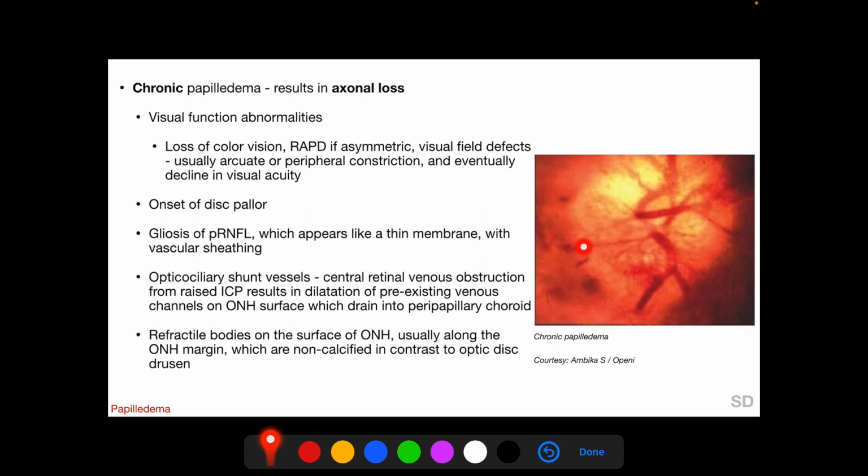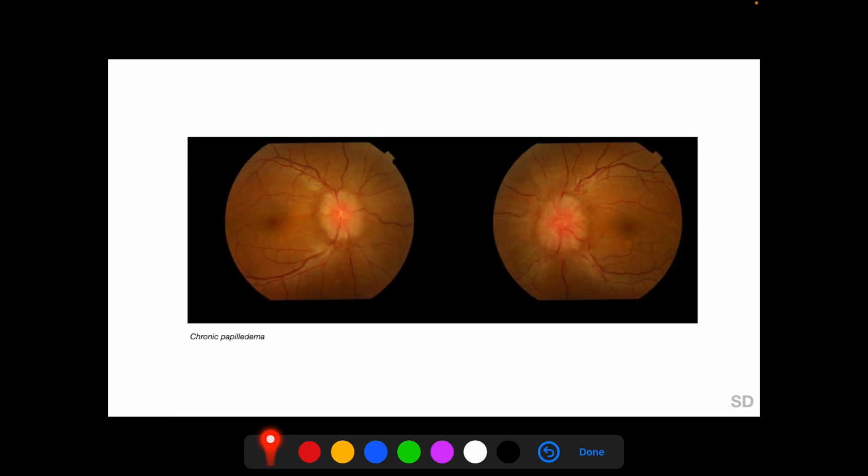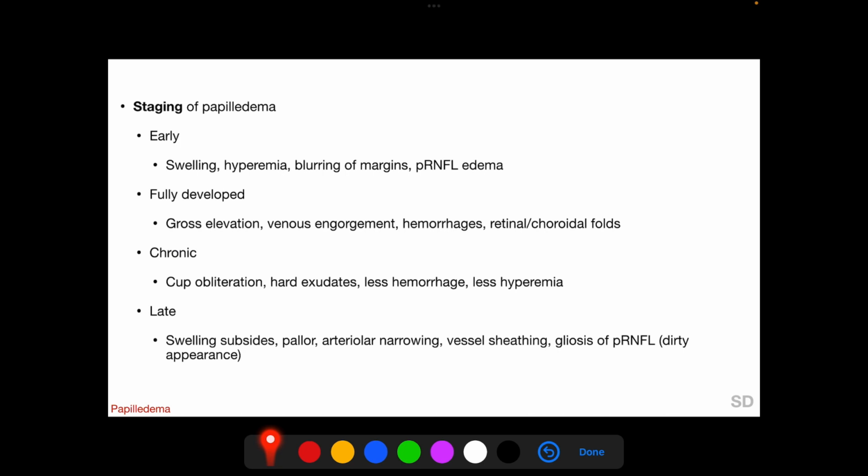So we have these vessels which connect the retinal veins on the disc with peripapillary choroid, and these are called the opticociliary shunt vessels. We can also have refractile bodies on the surface of the optic nerve head, usually along the ONH margin, but they are non-calcified in contrast to optic disc drusen. So this is a picture of a bilateral chronic papilledema, and we can see the gliosis of the peripapillary nerve fiber layer very well here.